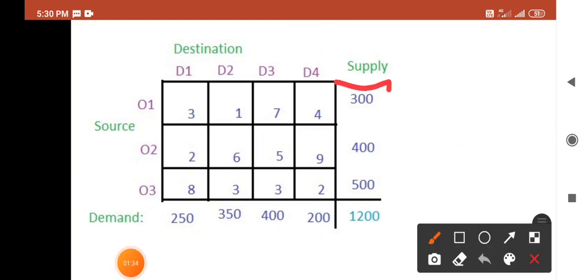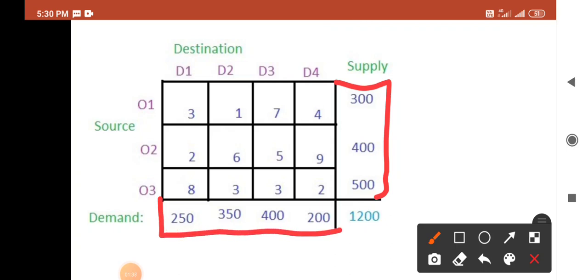For each row, starting with the first row, the first minimum cost is 1 and the second minimum cost is 3. We take the difference between the first minimum cost and the second minimum cost and write it here.